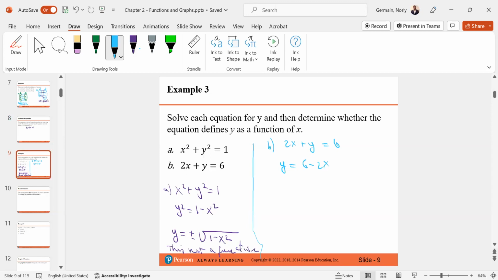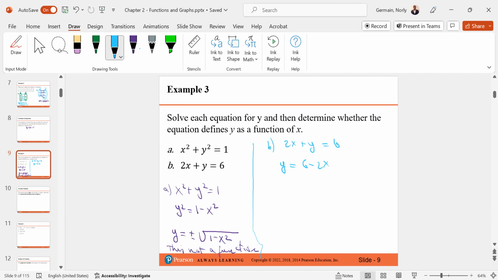If x is 2, y is 2. If x is 3, y is 0. If x is 4, y is negative 2, etc. We continue this way because for each value of x, there is one and only one value of y. So we conclude this equation, y is a function.